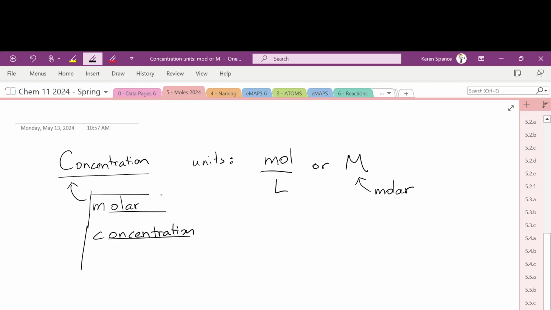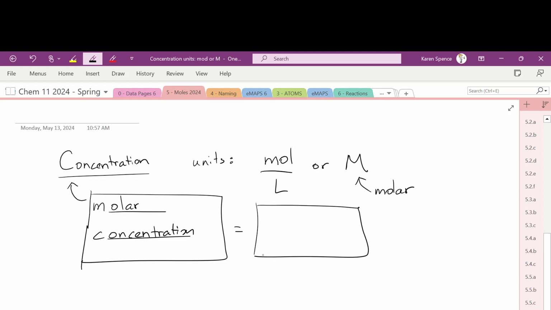What is the other word that we can use for molar concentration? Molarity. So the units of molar concentration and the units of molarity, because they are the same thing, are moles per liter, or M.